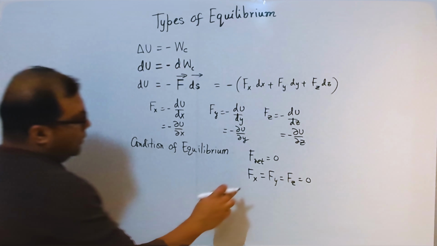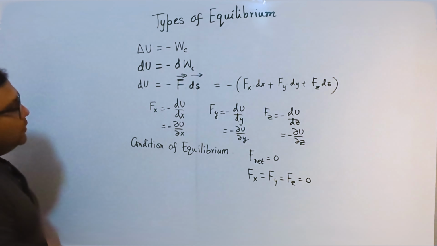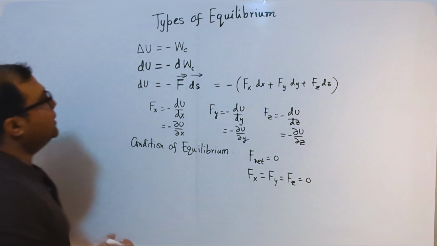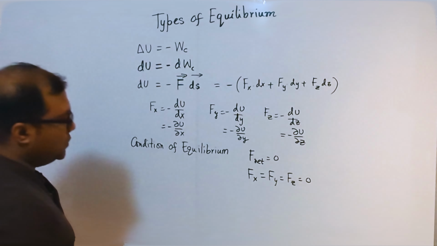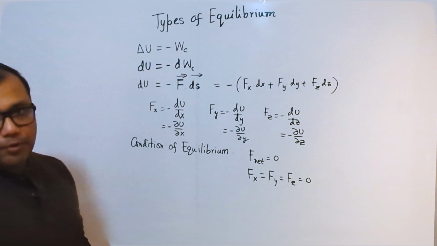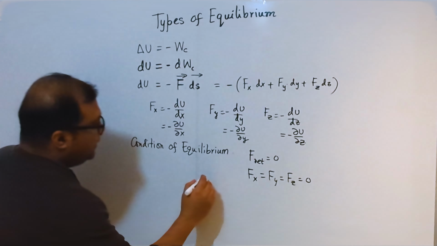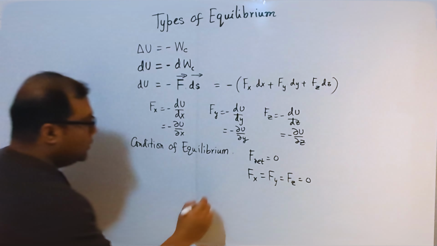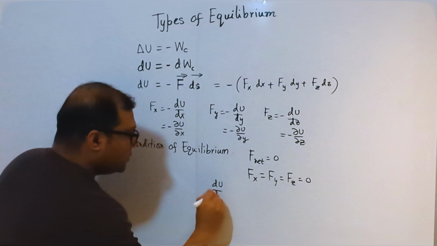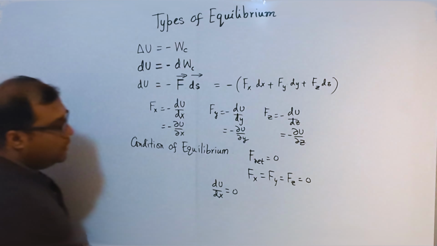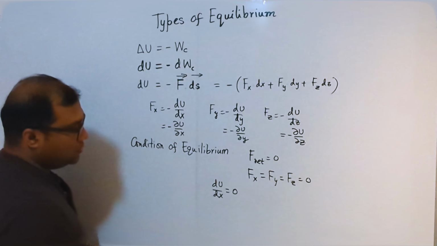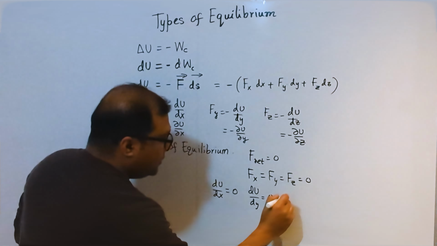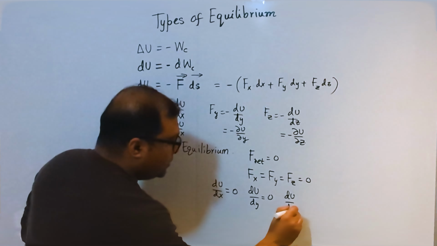So to find out whether a conservative field denoted by potential energy U is at equilibrium or not, all we need to find out is the condition when fx, fy, and fz are 0, which means du dx should be 0, du dy should be 0, and du dz should be 0.